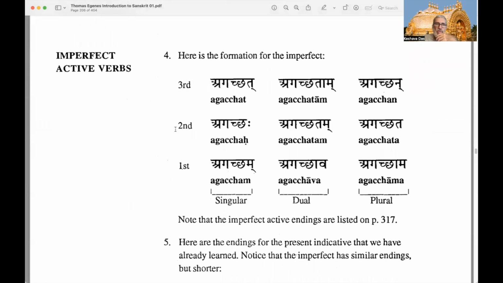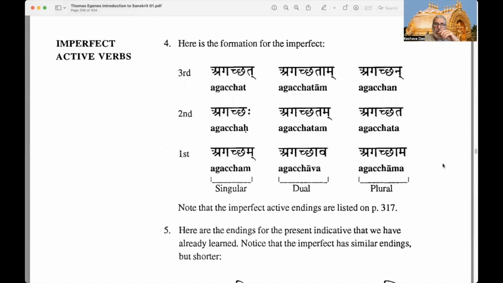We have third person, second person, first person, singular, dual, and plural: agachat, agachatam, agachan, agachaha, agachatam, agachata, agacham, agachava, agachama. And that is the imperfect tense of gacch, not agach, gacch, to go.